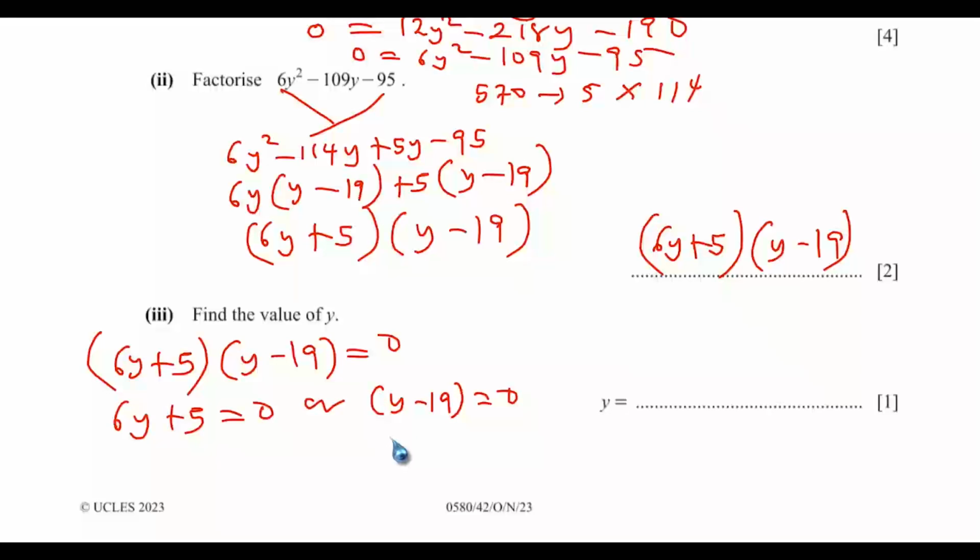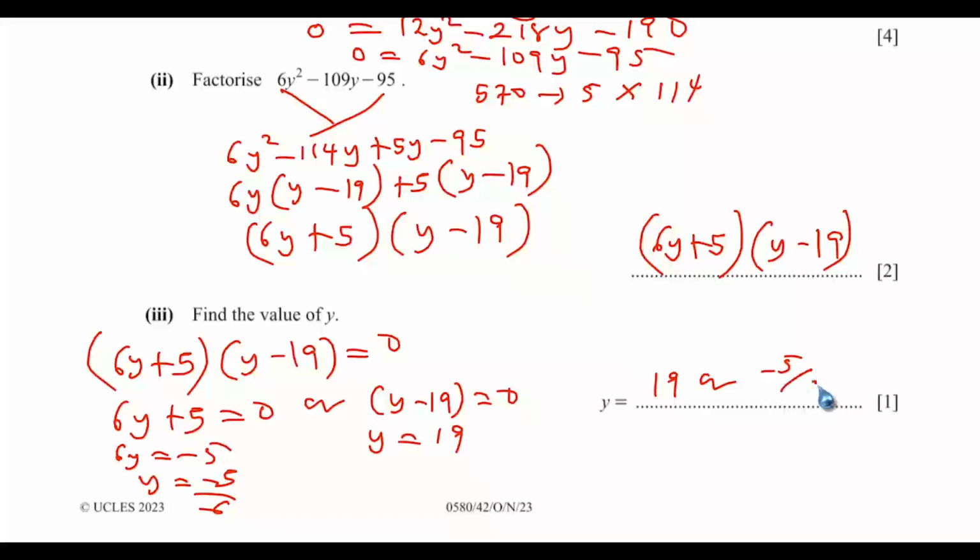So from here it is obvious y is equals to 19 from this one, and here 6y is equals to negative 5. So y is equals to negative 5 divided by 6, and that will give us our answers. So y is equals to 19, or negative 5 over 6. So we can leave the answer like that.